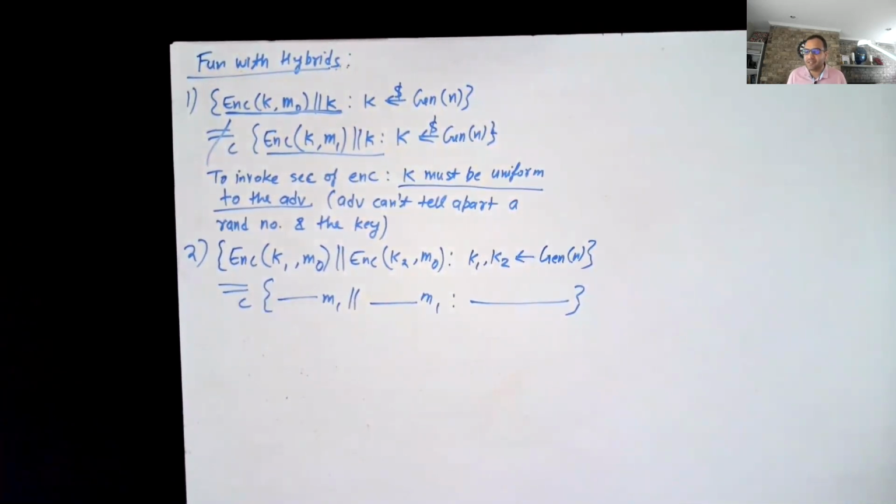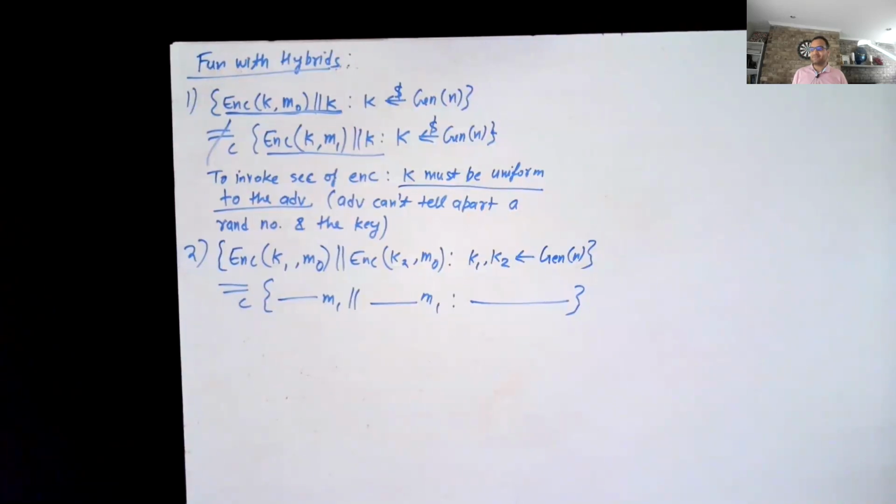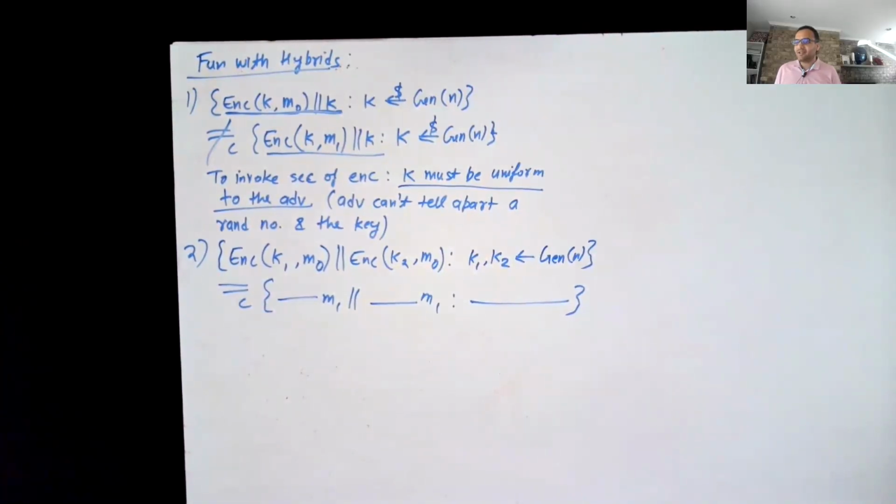Okay, one student is guessing that this is wrong. Any other thoughts? Okay, another guess is correct. I don't think it's correct. The hybrid argument won't go through. Okay, so we have another wrong, and in the chat another one correct.